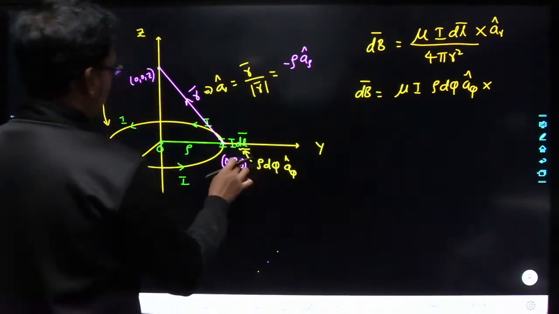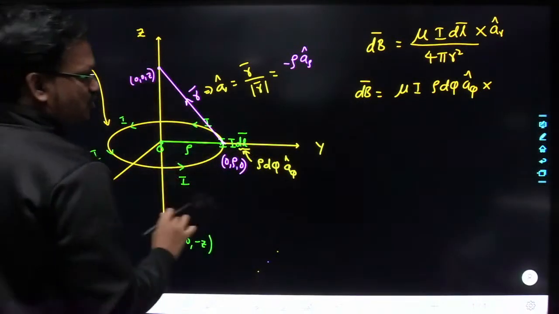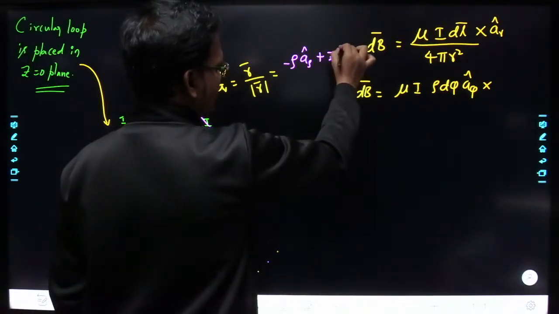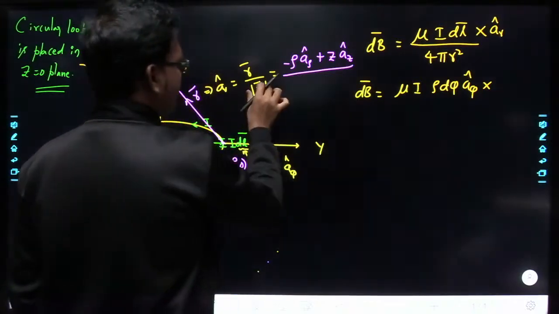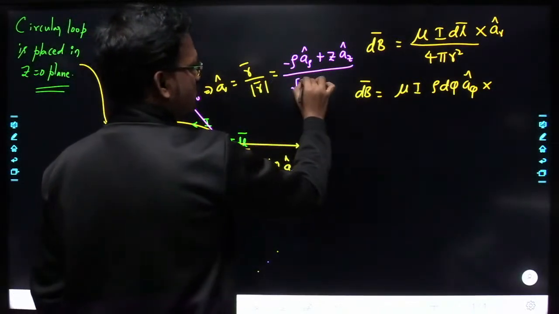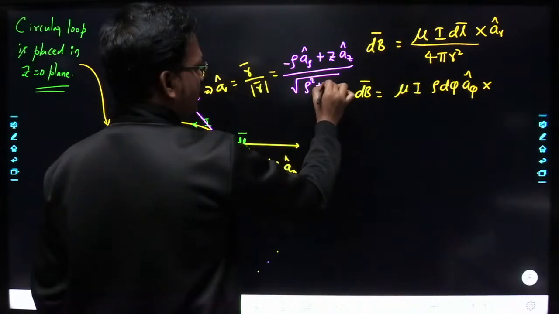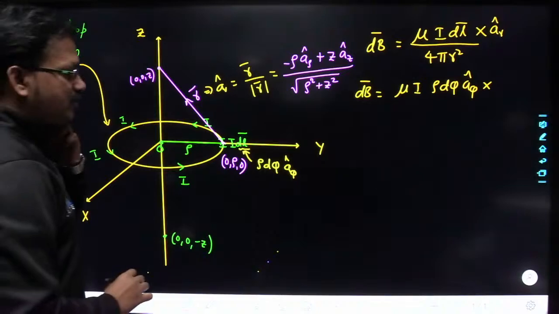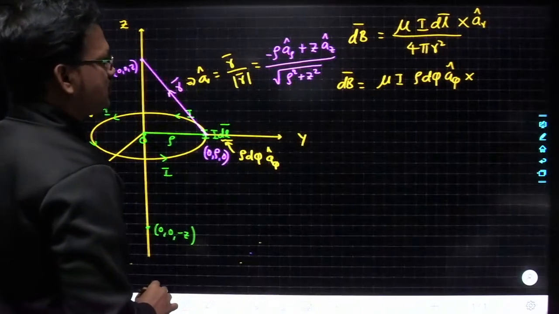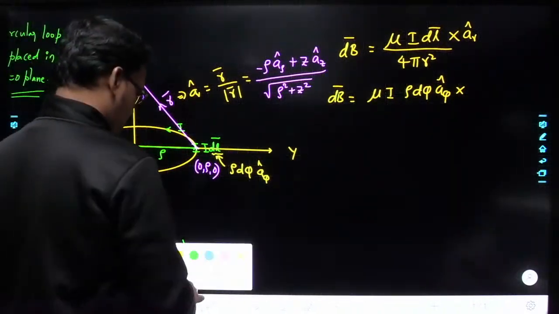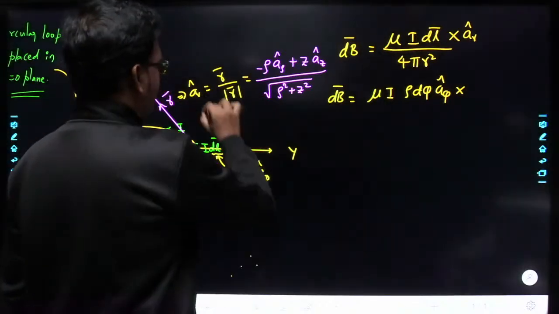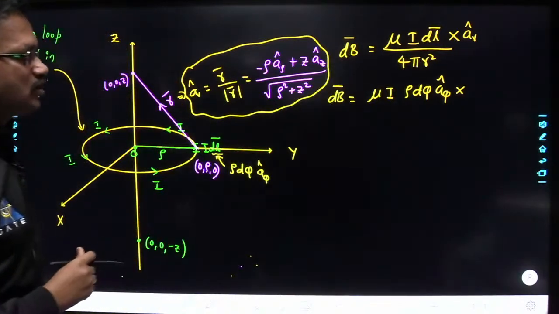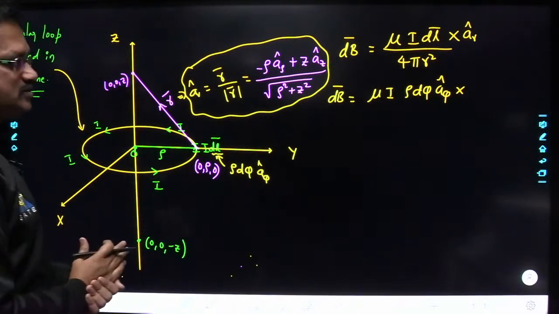Next, z minus 0 is nothing but z a z cap, divided by the magnitude of r bar, which is the square root of rho square plus z square. In this manner I can write the unit vector: ar cap is equal to minus rho a rho cap plus z a z cap, divided by the square root of rho square plus z square.